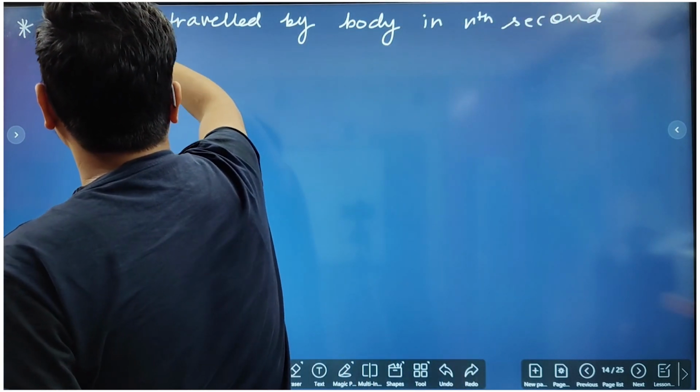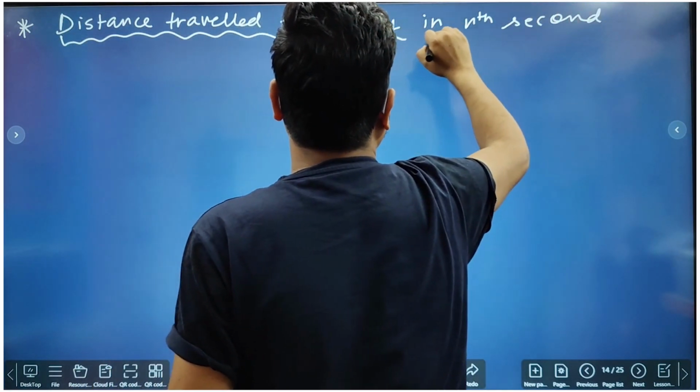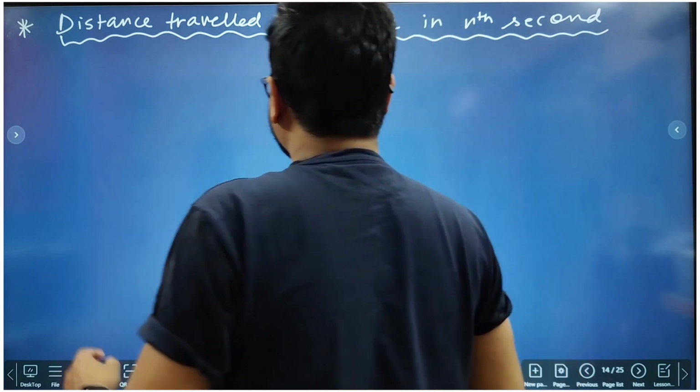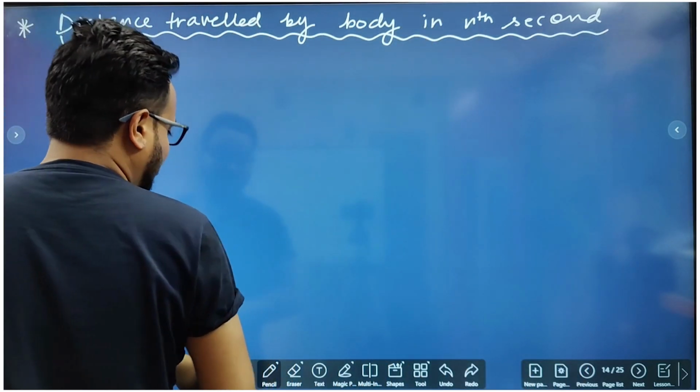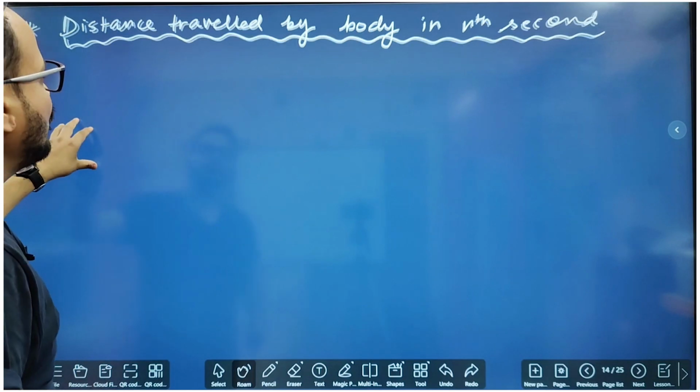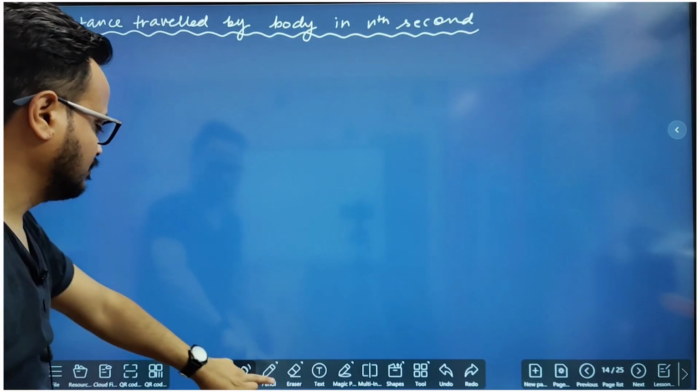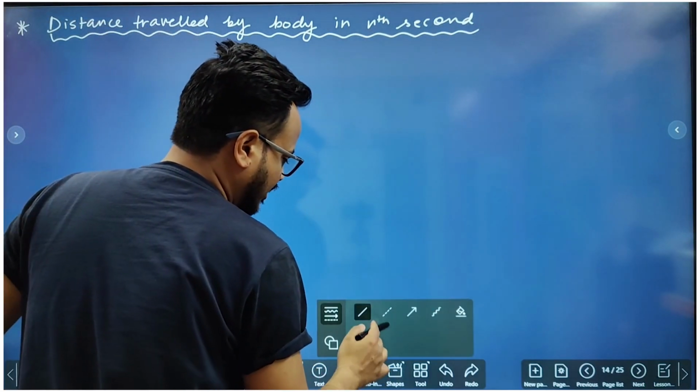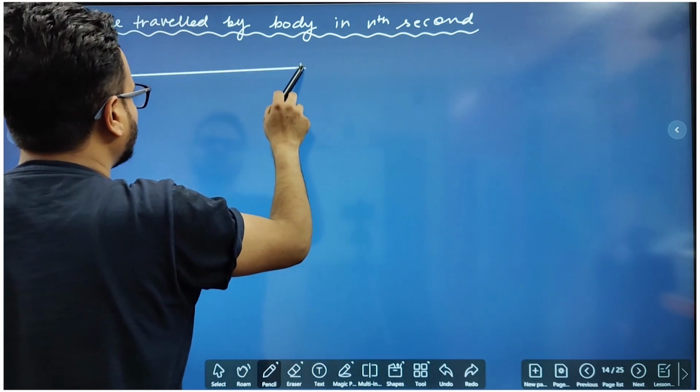What is this equation about? This equation will give us the distance traveled by the body in a particular second.